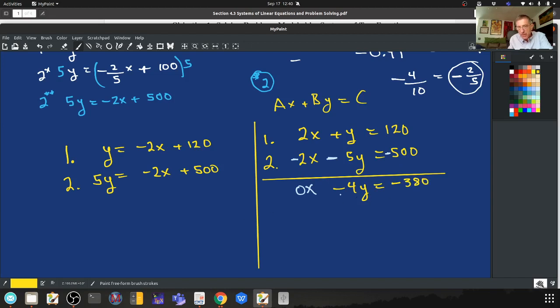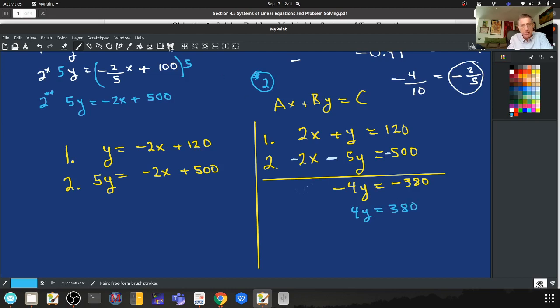So this 0x, it's just annoyance. It disappears. So I'm going to go ahead and multiply both sides through by minus 1. So that gives me 4y is equal to 380.